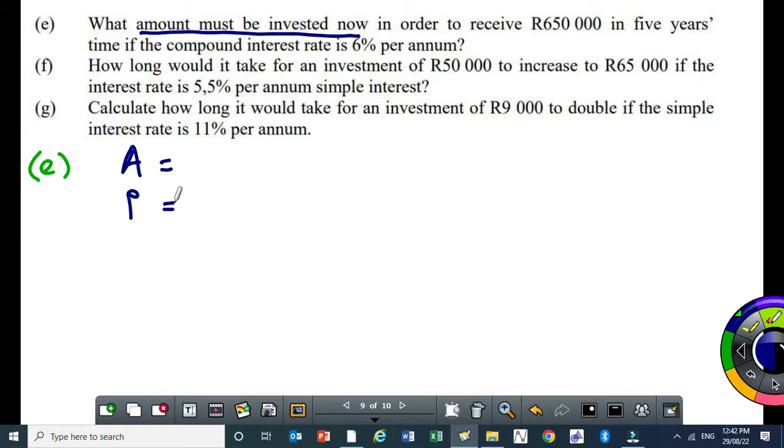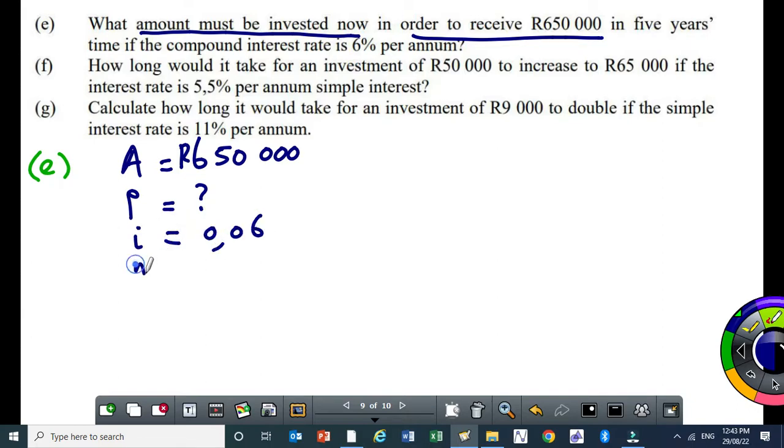A is the future value, so it's given here, 650,000. So in order to receive 650,000 in 5 years' time means A is 650,000, then P is unknown. The interest rate is 6% per year, and the number of years is 5 years.